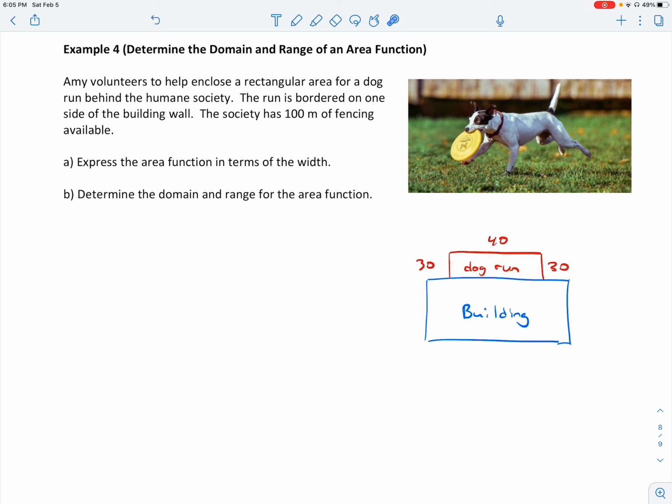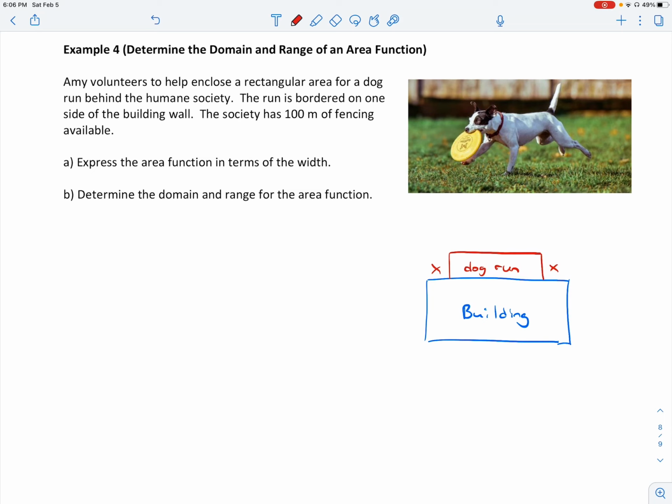Okay, so in order to create an area function, we're going to call this width here a variable. So instead of giving it a number, we're going to make it a variable, and we're going to call it x. So there's an x on that side, and there's going to be an equal x on the other side. So I'm just going to write that down.